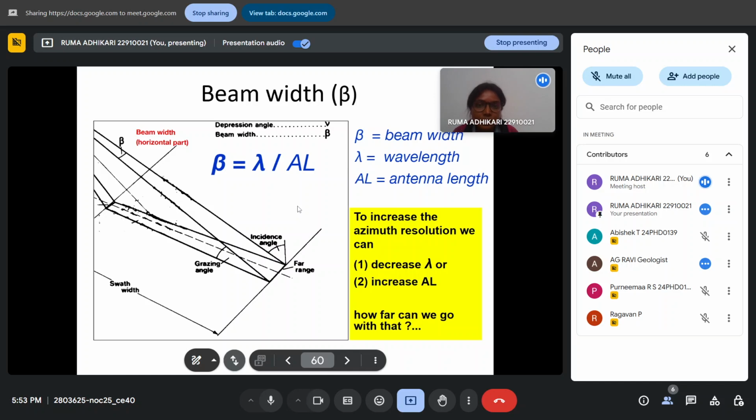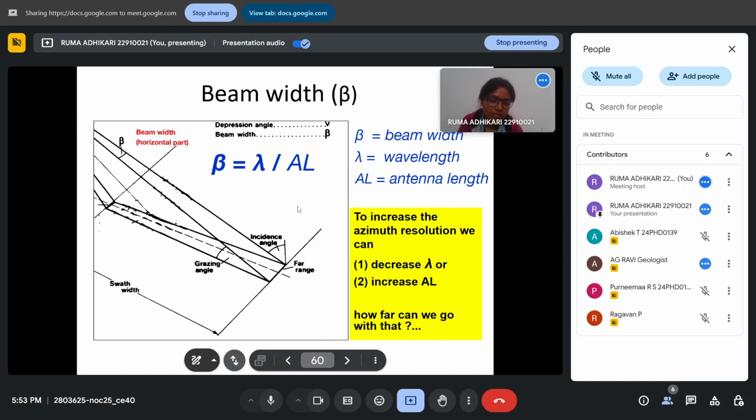So what we did, we synthetically increased the antenna length by moving the sensor. The basic concept of SAR is that we synthetically increase the antenna length by moving the sensor from one position to another in the azimuth direction, because range resolution, distance mapping, is not any problem.